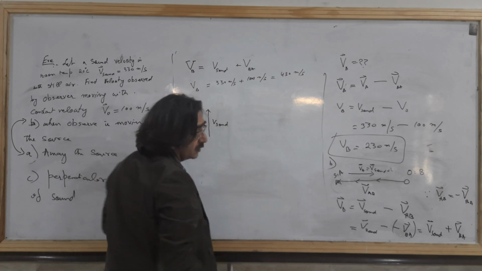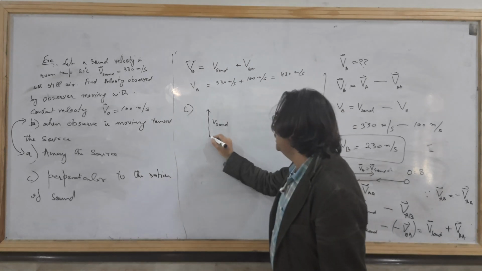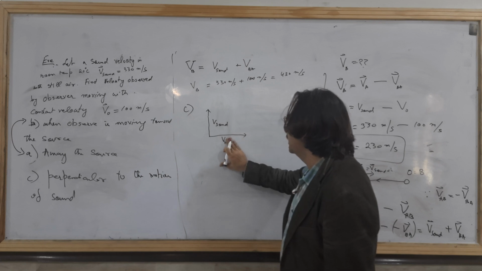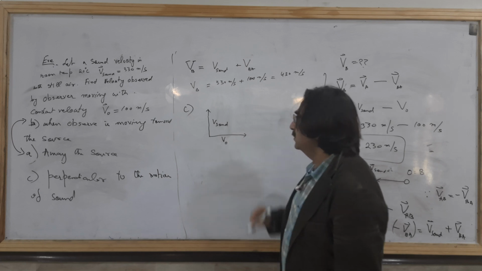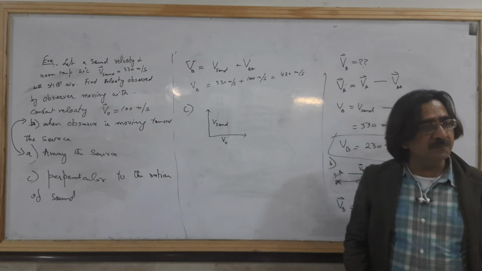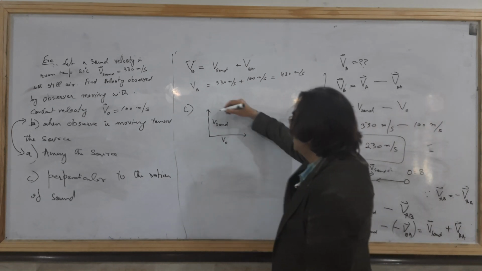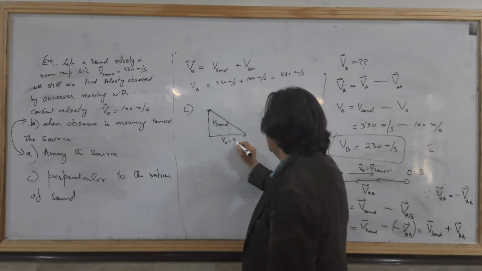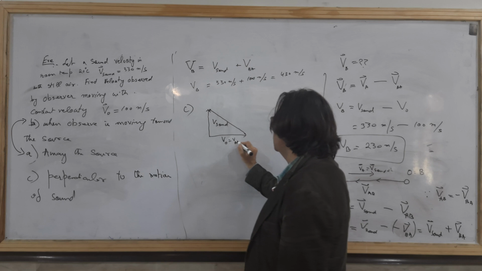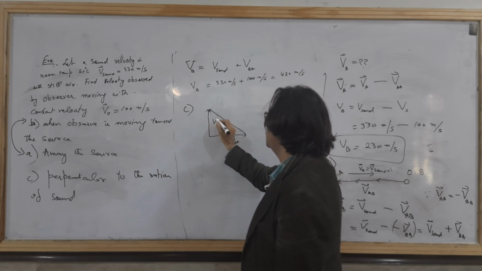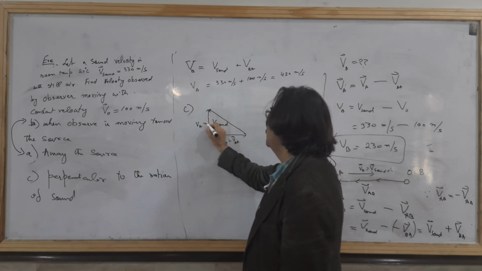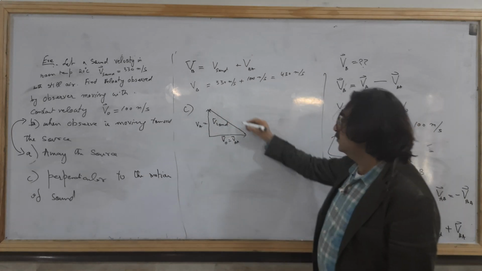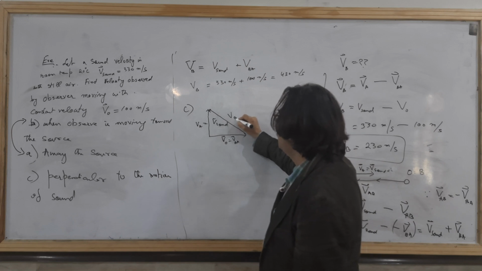This was the velocity of source, and this is the velocity of observer, and this will be VBA. This is V sound, this is VA, the sound wave, and this will be VB.